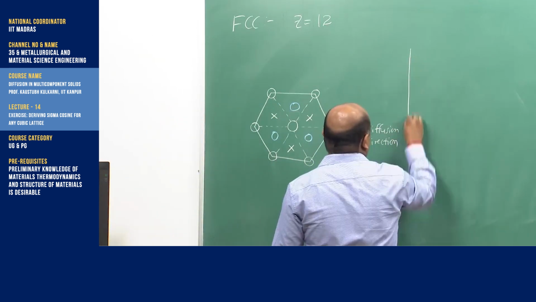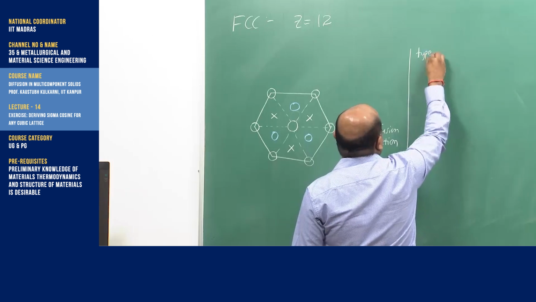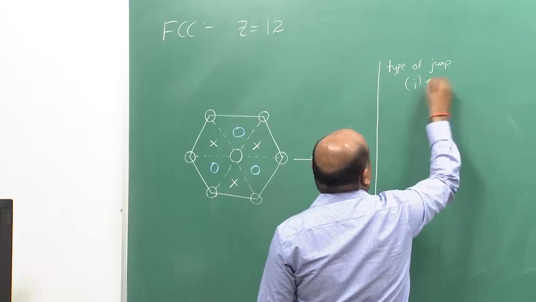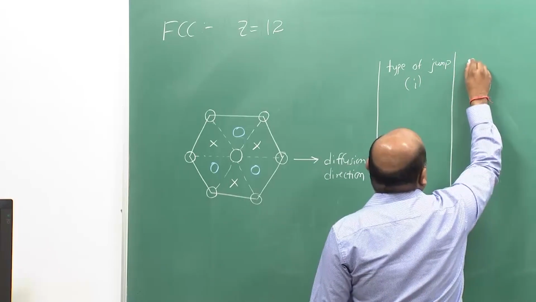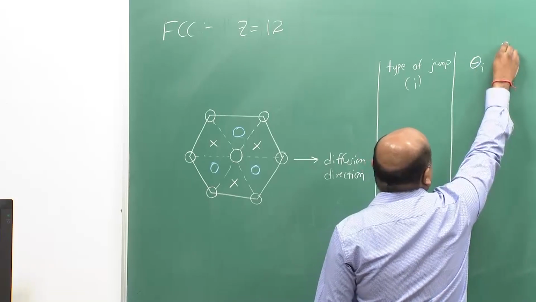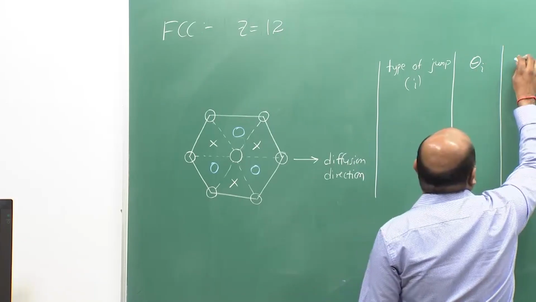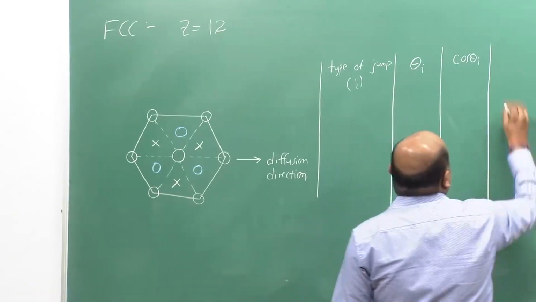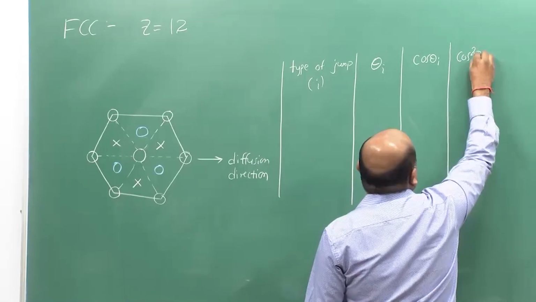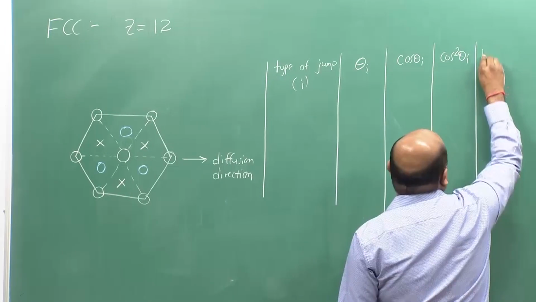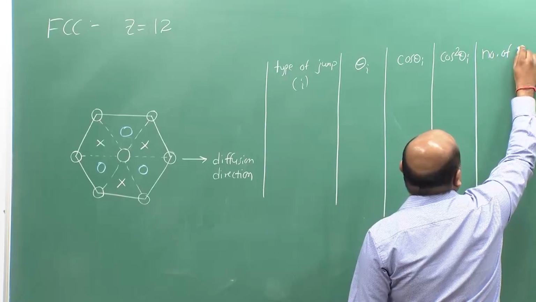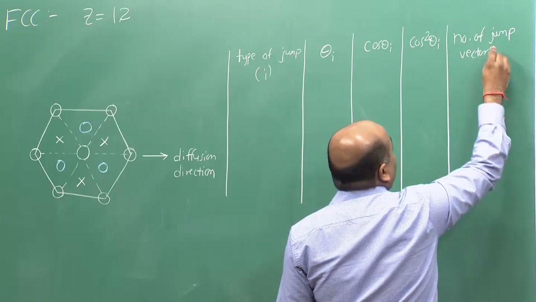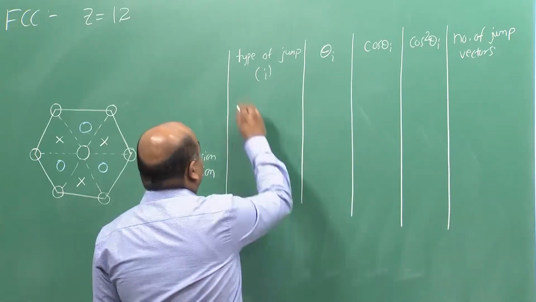So, let us say we call it i, the angle that it makes with the diffusion direction, cos theta i, cos square theta i, and then the number of jump vectors that make this particular angle theta.